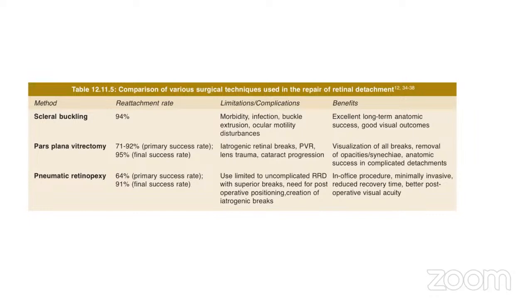So coming to pars plana vitrectomy, the primary success rate is 71 to 92%. The limitations are iatrogenic retinal breaks, PVR, lens trauma, cataract progression, and it is a more invasive procedure. So benefits are we can visualize all the breaks by intraoperative indentation also, removal of opacity, and anatomical success in complicated detachment.